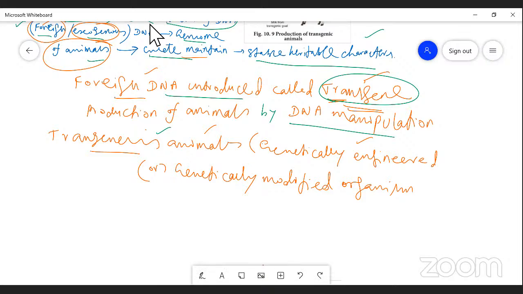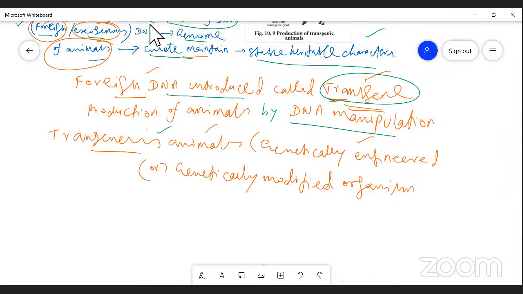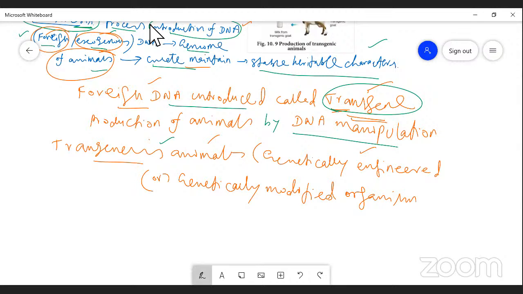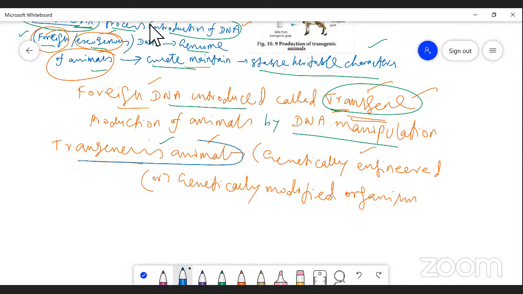Foreign DNA is introduced, that is called transgene. What is called transgene? Introduction of foreign DNA, and the production of animals by DNA manipulation. That is called transgenic animals.